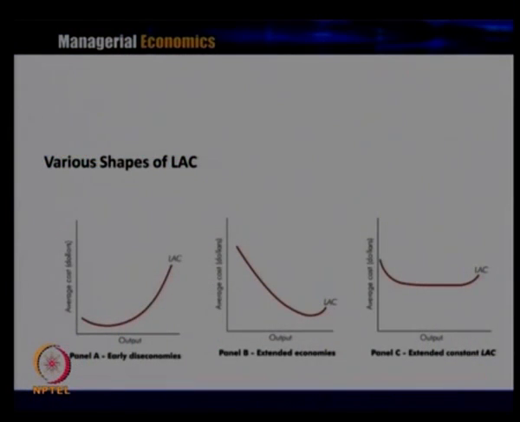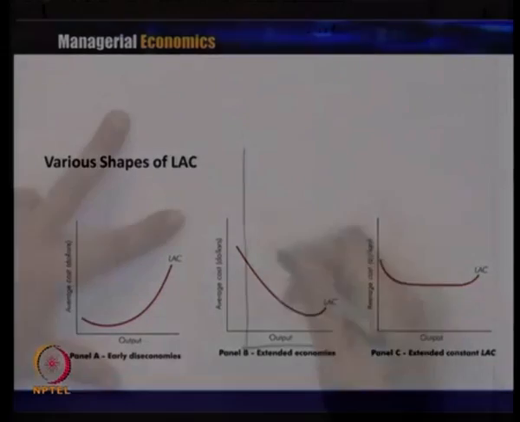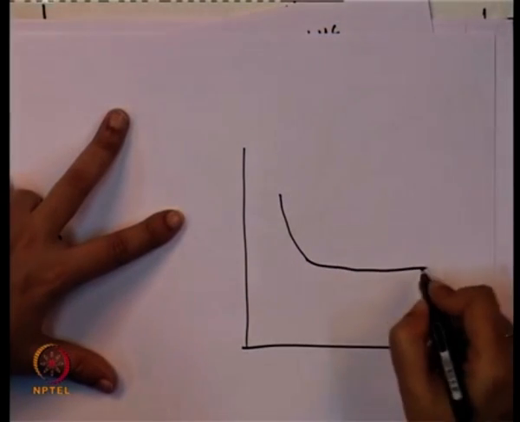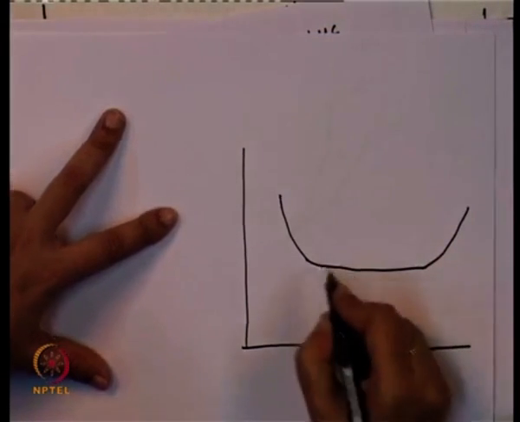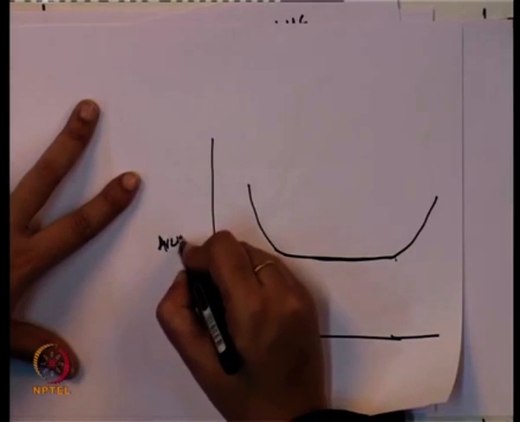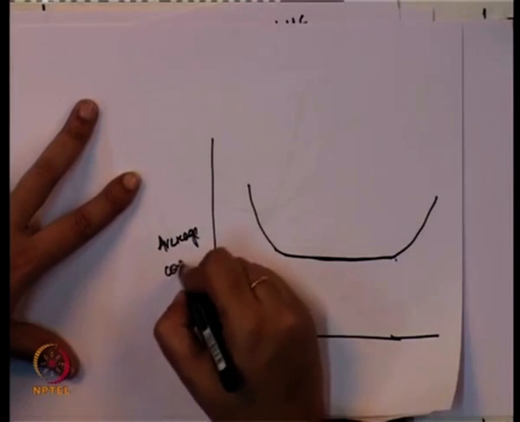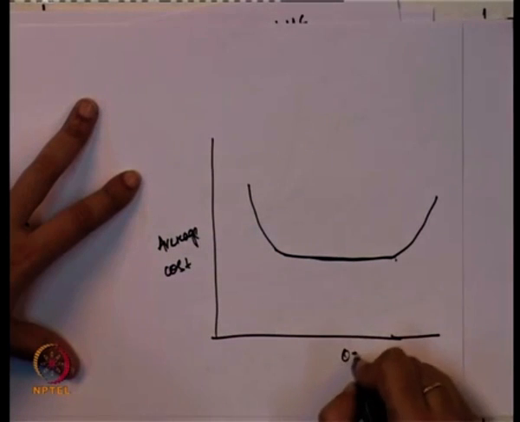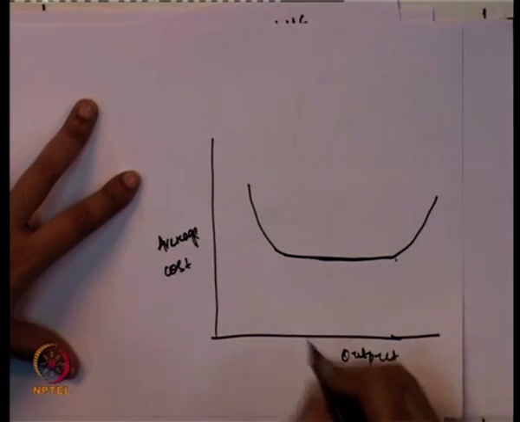If you look at the third graph, it is the case of the extended constant LAC. What is this extended constant LAC? It is interesting to see that the minimum cost is not a point, rather it is a segment.